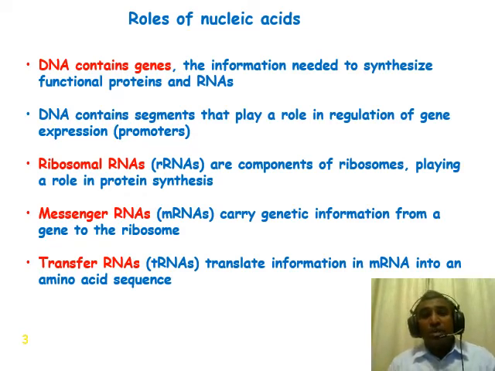So it is to ensure transfer of genetic information from one generation to the next, or even when a new cell is made, division of the cell will have the same genetic information which is found in the DNA.